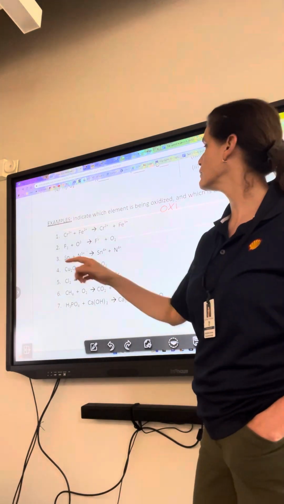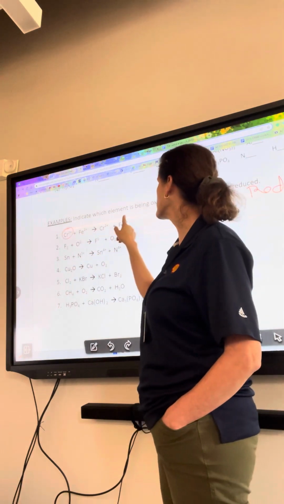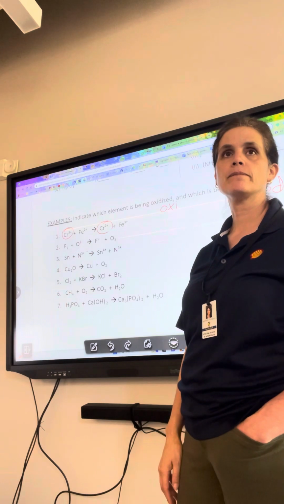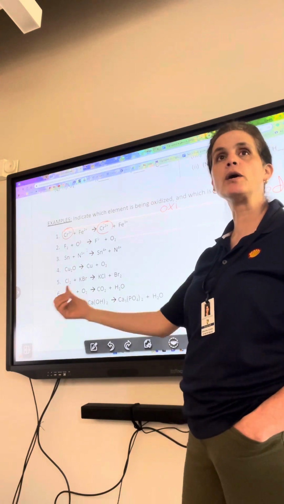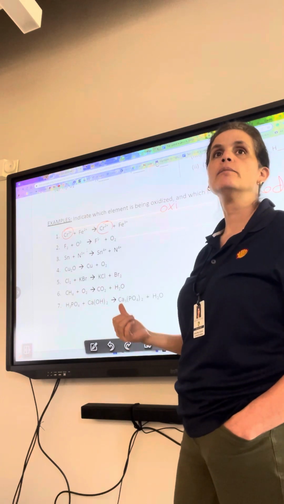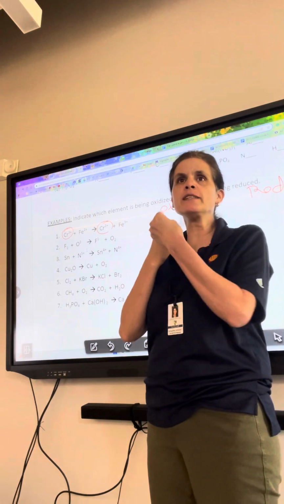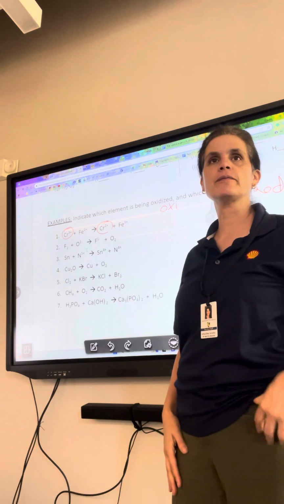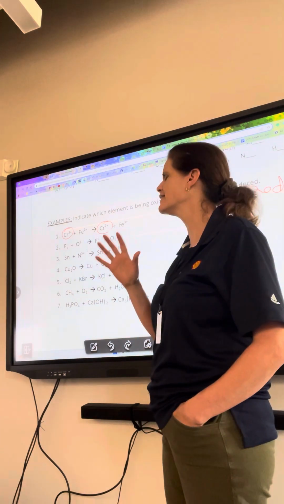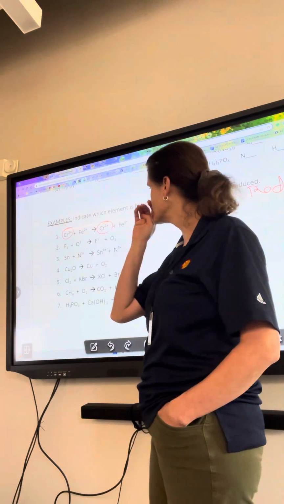Can you tell me which one is oxidized? +3 to +2. What happened to that one? It's going smaller, right? Smaller means reduced. More negative, more like oxygen, more negative is reduced. It gained electrons.